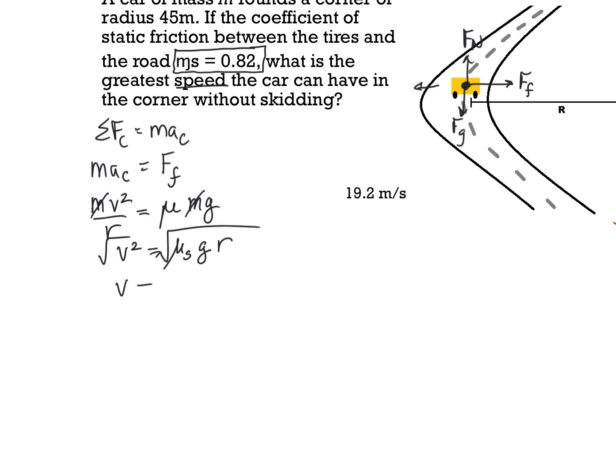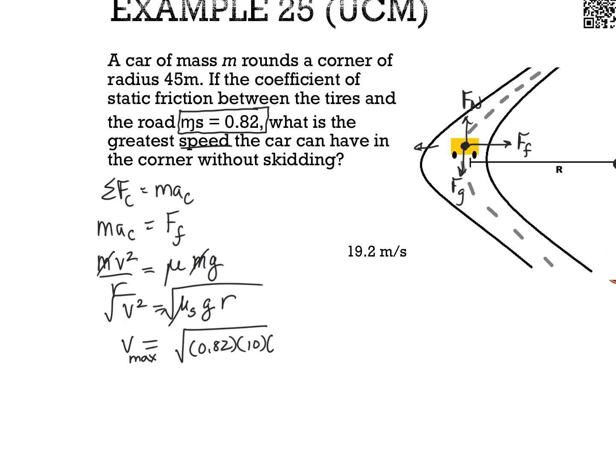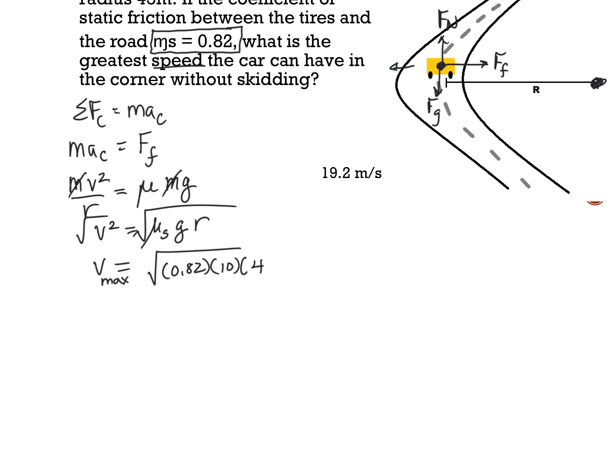So the max velocity, v max, is going to be equal to the square root of 0.82 times gravity, which is 10, times the radius of the road, which was 45 meters. Okay, so v max is 19.2 meters per second. Okay, simple enough.